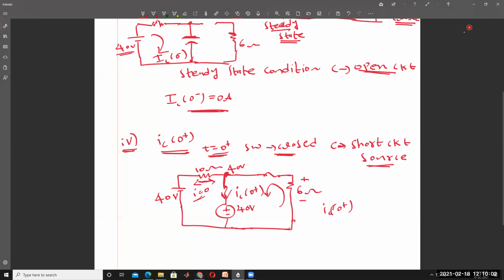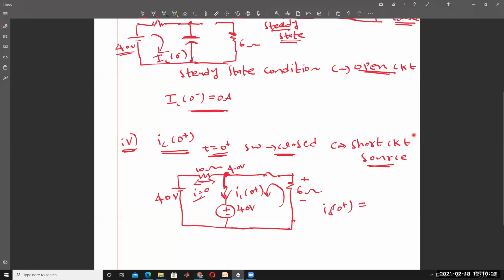So like this, current is circulated in the circuit in this manner. No current flows through the 10 ohm resistor because here is 40 and here is 40, that's why this is 0. So the only current circulating in this direction is nothing but IC of 0 plus.